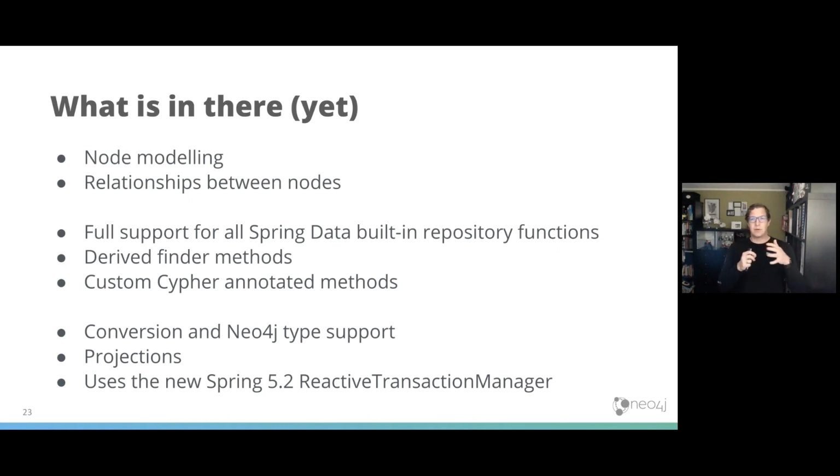If you cannot work with the Cypher generating parts of our Spring Data implementations, you have the chance to provide your manual Cypher statements. And we have conversions and the Neo4j type system in there. So we can store everything natively in the database that is a supported type of Neo4j. And since Neo4j 3.4, for example, also the geospatial types and dates, durations, etc.